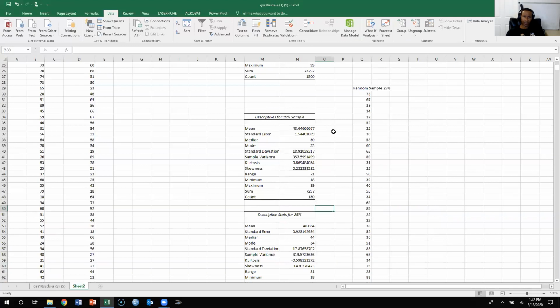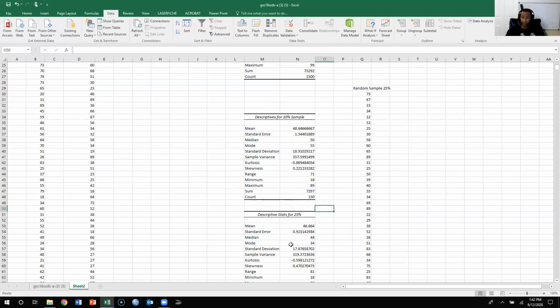One thing that's important to note about the 10% sample versus the 25% sample is the standard error. So if you remember, the standard error describes how much dispersion you're going to see in the sampling distribution. And as you can see, as the sample increases, so as your N increases, the standard error of the mean decreases. We discussed that in lecture. So as you can see, the standard error for a 10% sample is 1.54.